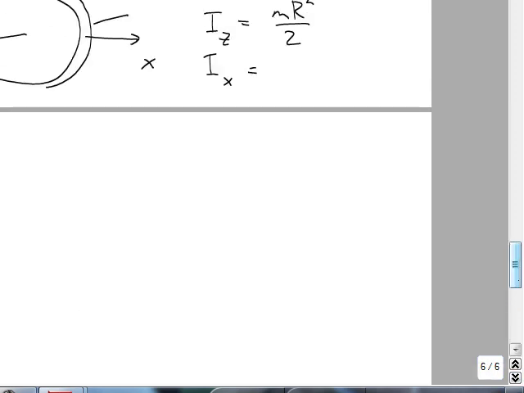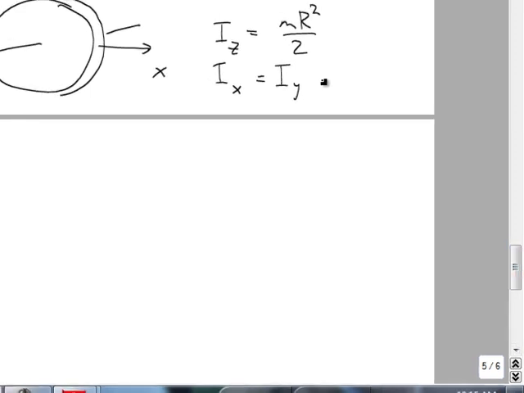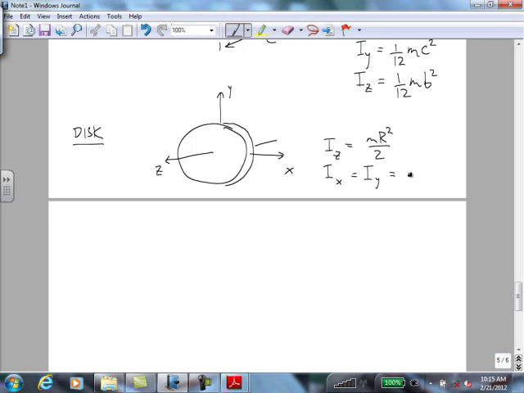And so this says a thin disk. The thin is required for these two. It doesn't have to be thin for the rotation about the center.